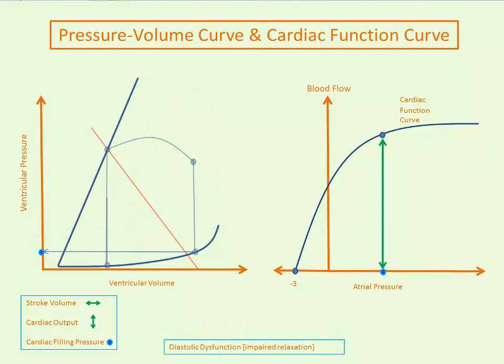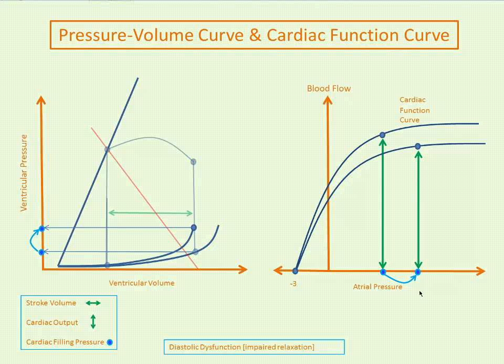And let's think about diastolic dysfunction. So diastolic dysfunction is a shift up and to the left of the end diastolic pressure volume relationship. Well, guess what? Even if the stroke volume is the same or maintained, you're filling at a higher pressure. So again, even if the stroke volume were maintained, you're filling at a higher pressure for the same or lower amount of blood flow.